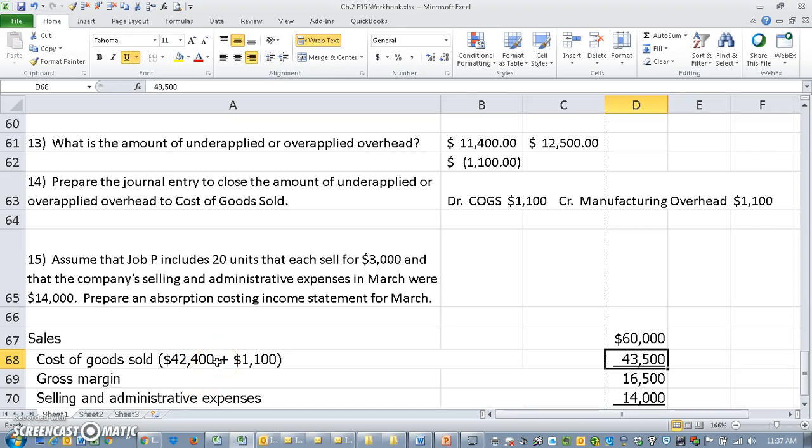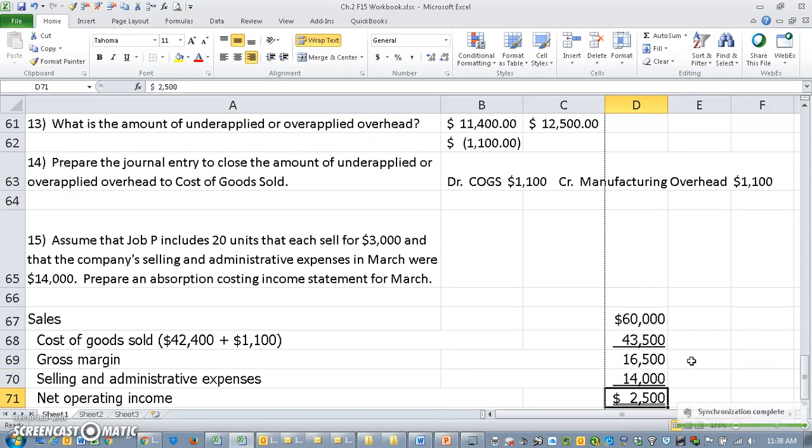And then we had to expense the $11,100 of actual manufacturing overhead that we did not apply to this job. So that's $43,500 total of cost of goods sold, leaving us a gross margin of $16,500. We had selling and administrative expenses of $14,000, and that means we made $2,500 off of the job.